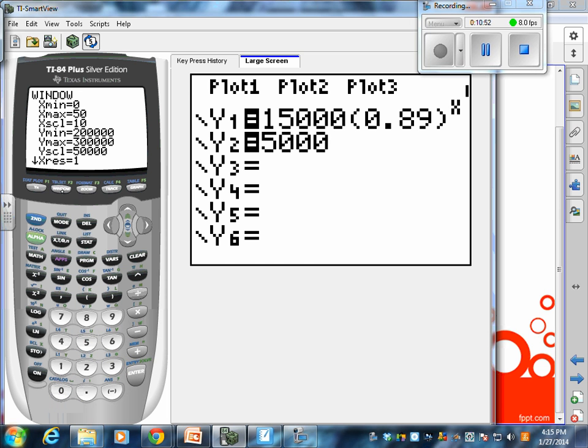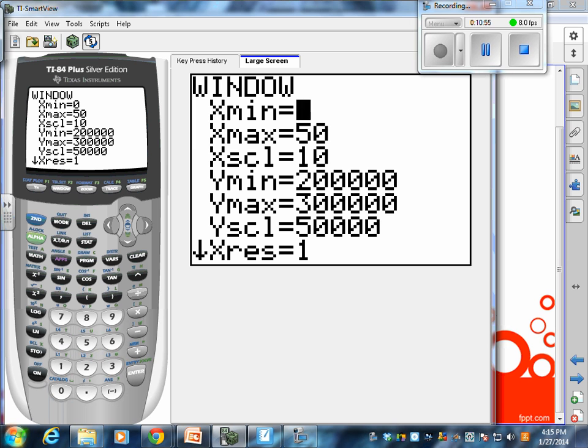So set up my window. So x is time. Think about what would be a reasonable time to keep a car. So maybe we'll look at the car out to 10, 15 years. Let's go out 15 years. And the x scale, we'll count by ones. My y was 5,000. That's the number I'm looking for, so we'll go below that. So let's go to 4,000.